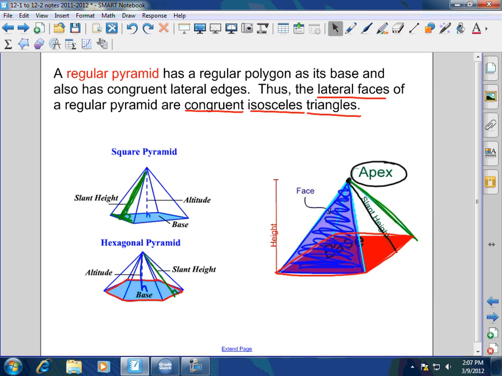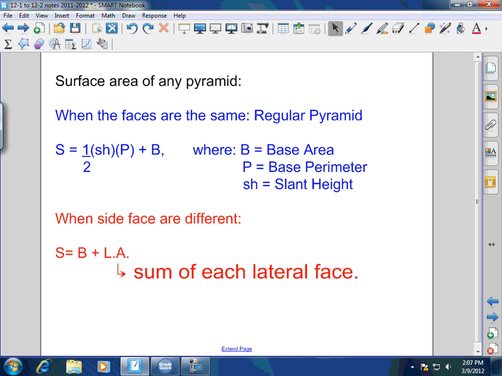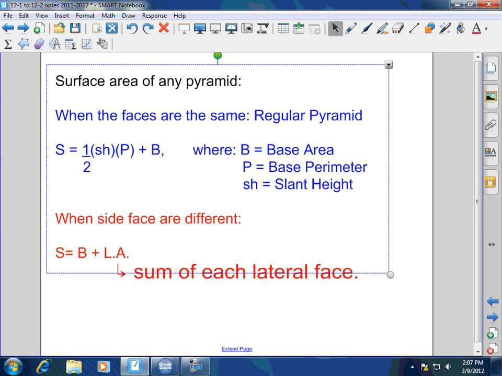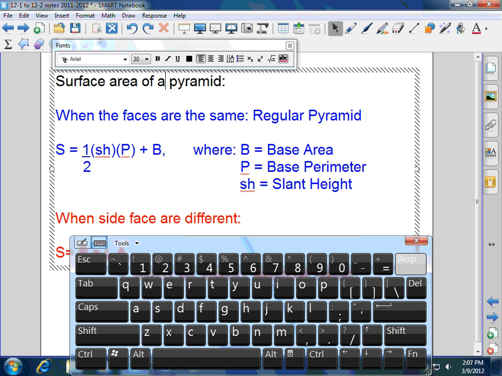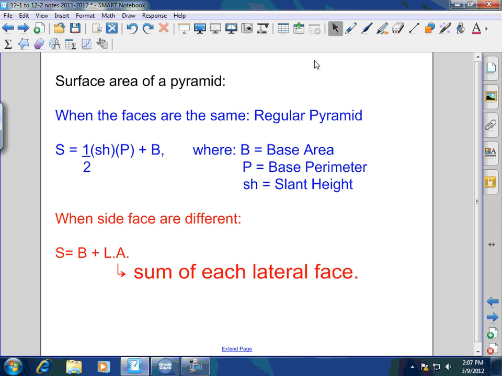Now, let's get to work. Two formulas that I've created for you. Surface area of a pyramid. It depends what type of pyramid we're dealing with.